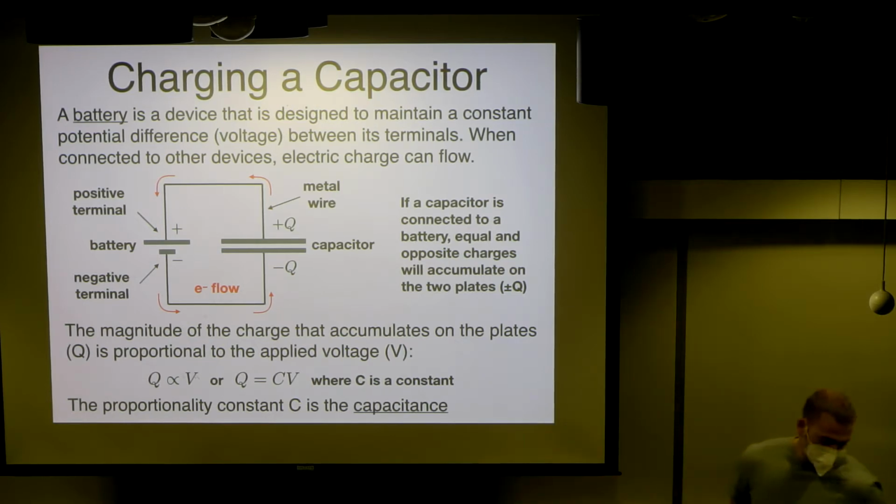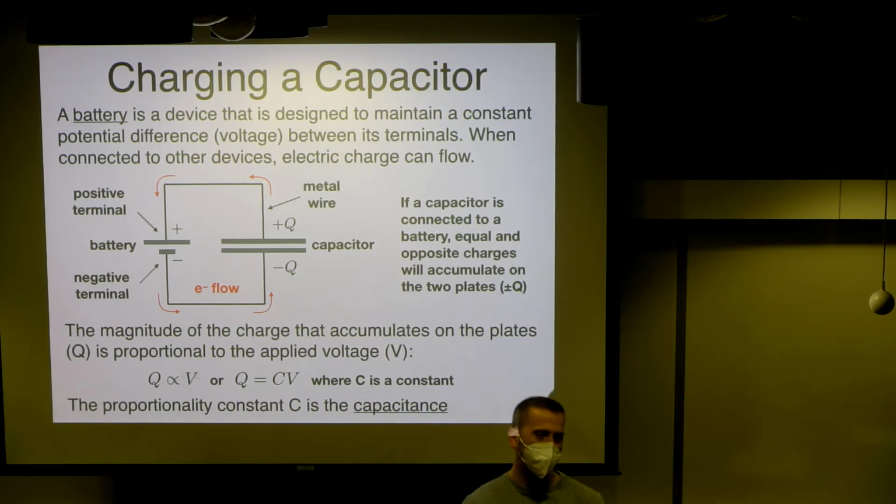So it turns out, experimentally, the magnitude of the charge that accumulates on those plates is just proportional to the voltage you apply, which should be fairly intuitive, right? The higher the voltage we apply to the plates, the more charge we're going to get accumulating on those plates. And it's a direct proportionality.